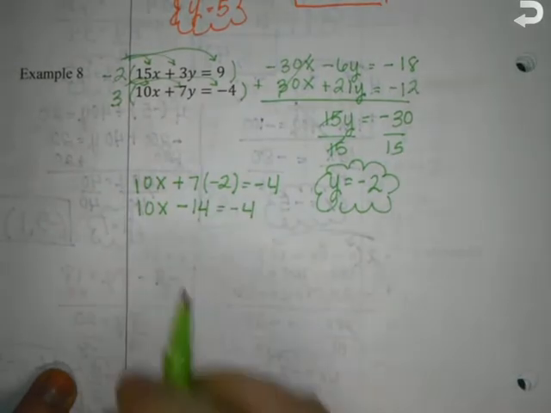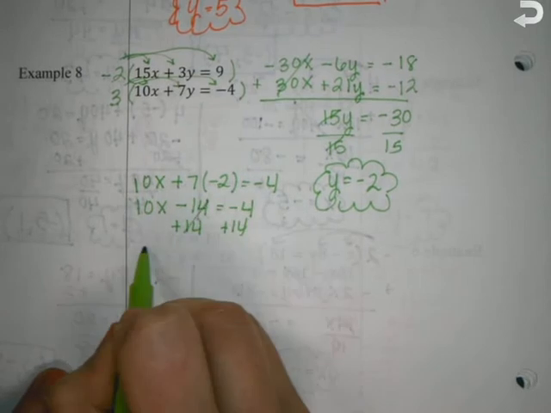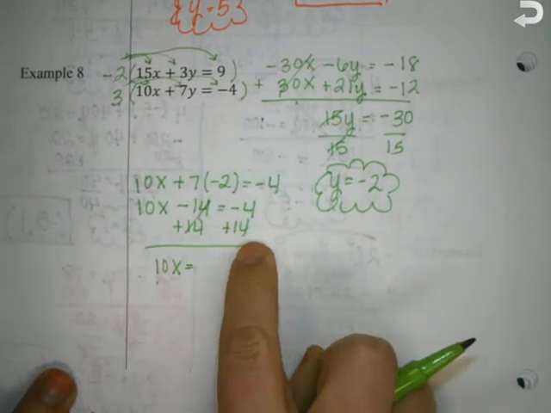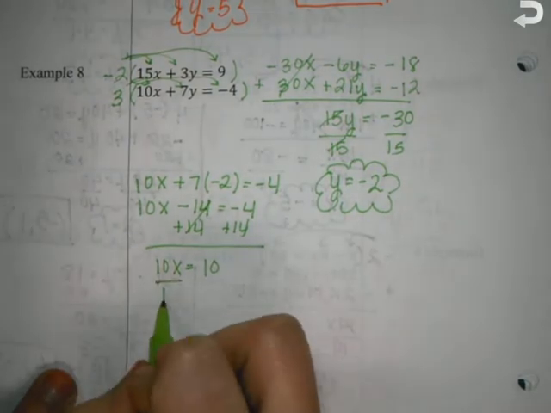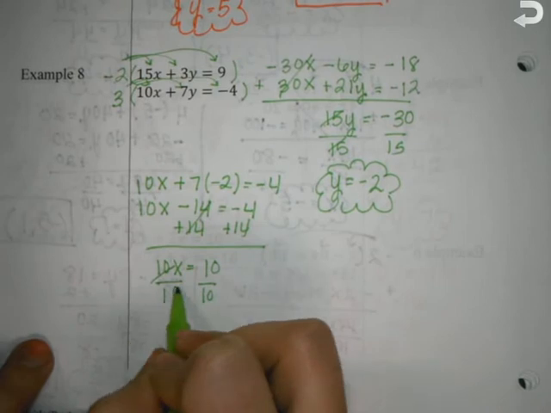Divide both sides by 10. So x equals positive 1. Okay, so how would I write that as my answer? 1, -2. 1, -2.